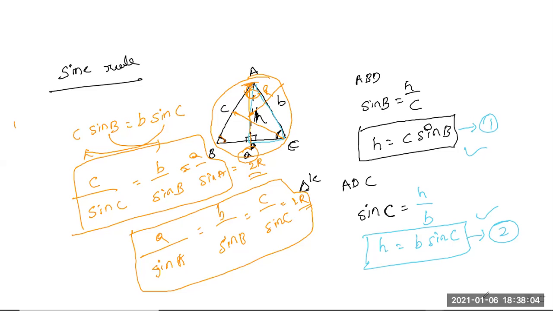One question. Suppose this is 30, this is 60, and I have given this as 4.